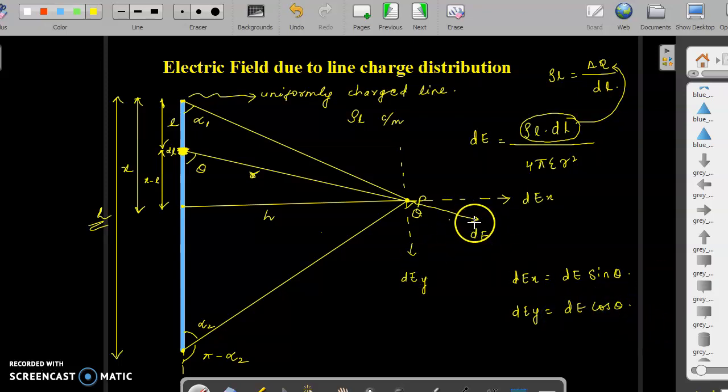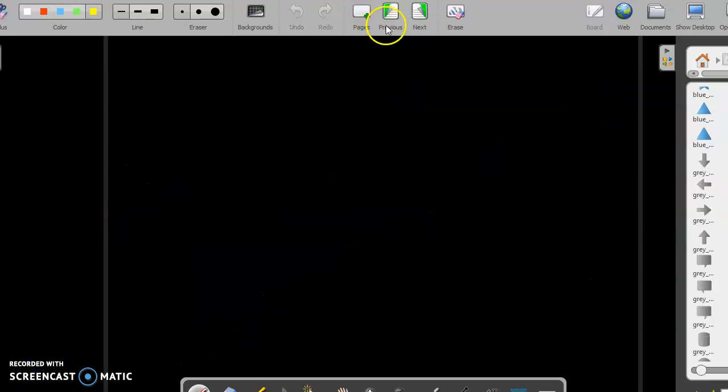Now substitute the value of dE here. So dEx is dE sin theta, and dE is rho L dl upon 4 pi epsilon r square, times sin theta.